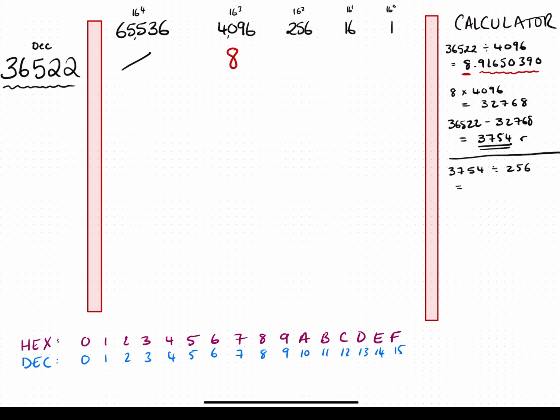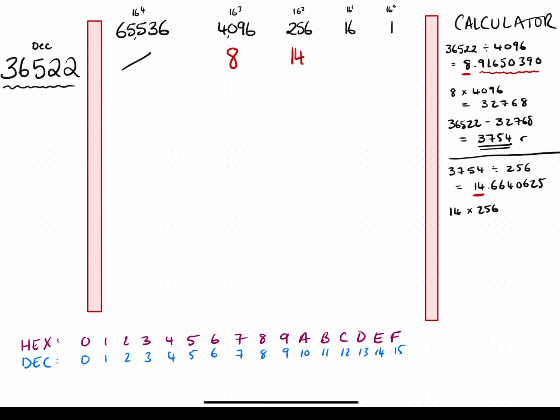And for that we get an answer of 14.6640625. That means that the 14 is the important one. There's 14 256s in the number 3,754. And again, I need to know what the remainder is exactly.